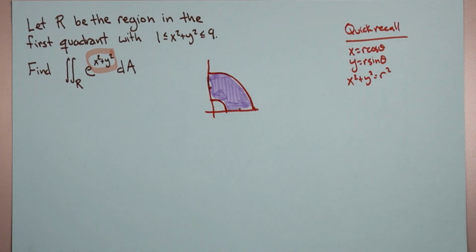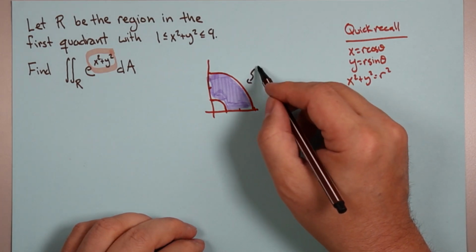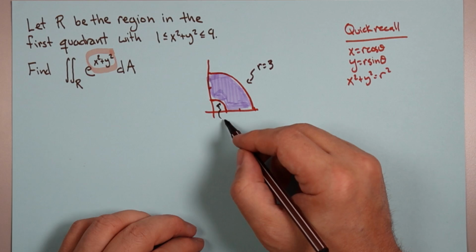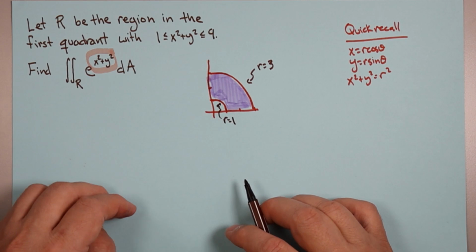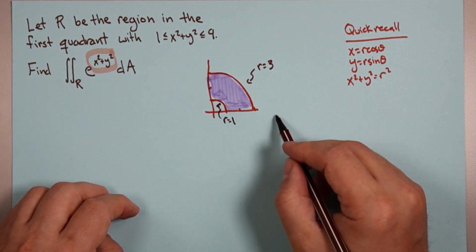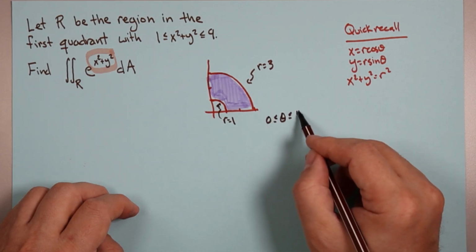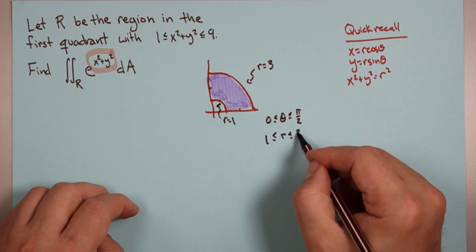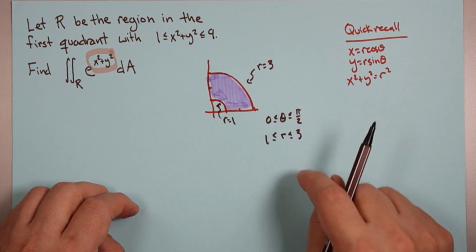So when we see circles, we think polar, right? Because this is a circle of radius 3, so the outer layer is r equals 3, and the inner layer is r equals 1. So we say, nice. So this region we can describe in the following way, namely that theta goes from 0 to pi over 2, and r goes from 1 to 3. So a simple description in terms of r and theta.